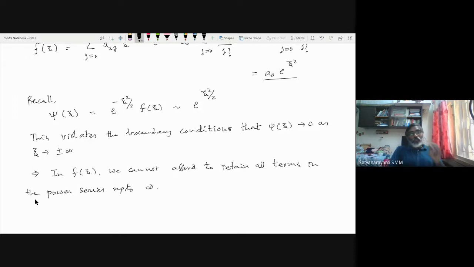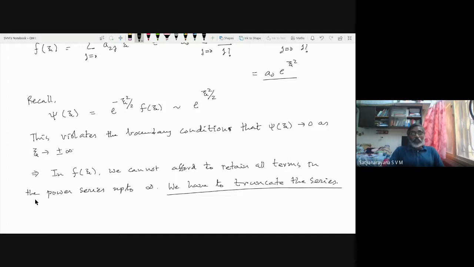We have to truncate the series. We have to truncate the series. This is the requirement. We have to truncate the series somewhere so that it is not dominating at infinity.